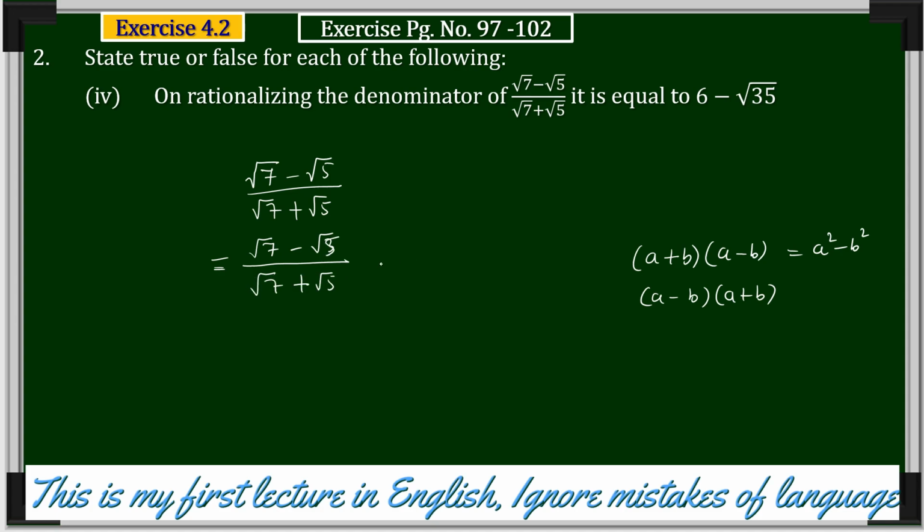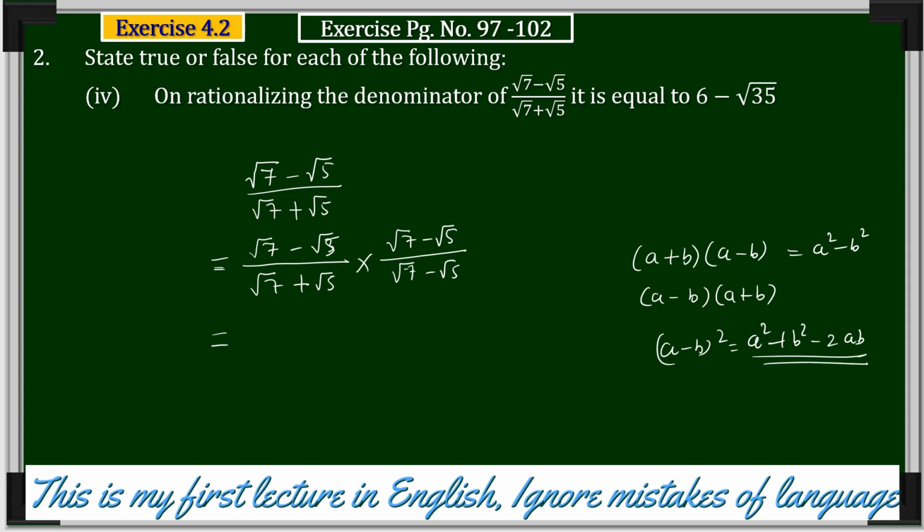It's the question. And multiply the rationalizing factor of the denominator, that is root 7 minus root 5 upon root 7 minus root 5. In the numerator, the formula is a minus b into a minus b, that is a minus b whole squared, and a minus b whole squared is equal to a squared plus b squared minus 2ab.